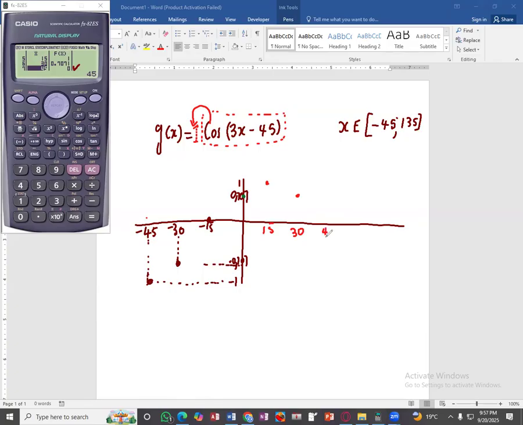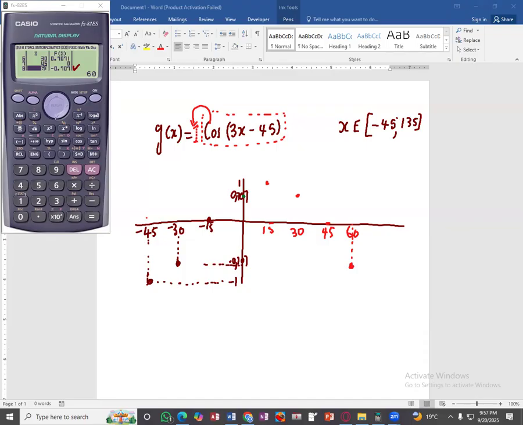It's a very important point because it's the x-intercept. x is 45, y is 0. It's a very important point. 60 and negative 0.707. This point, even if you did not show it on the graph, it's not a big deal.